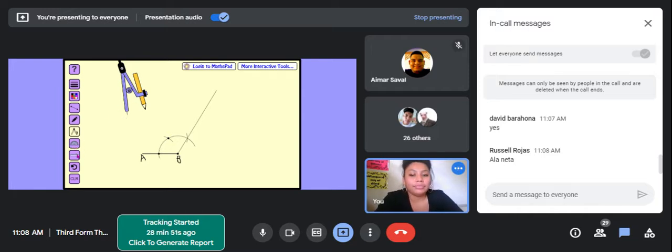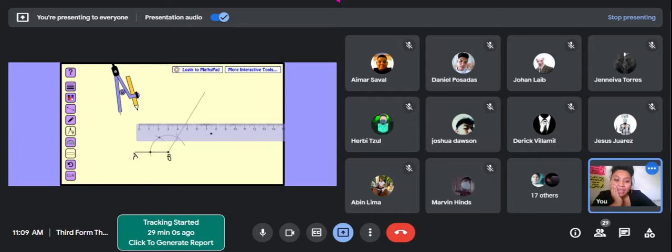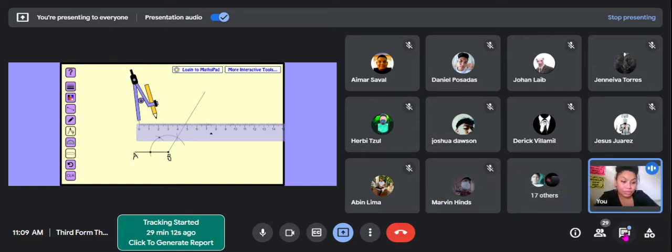Now, take your ruler and measure 3.5. If you have more, that means you didn't do it correctly.